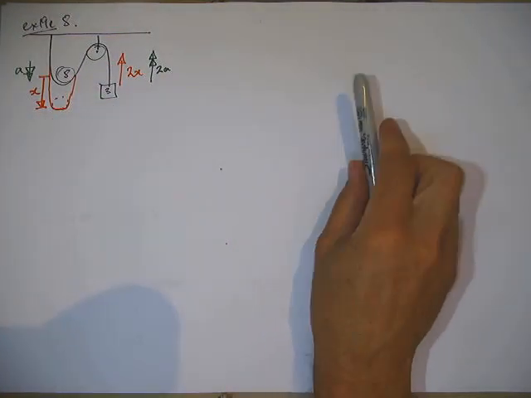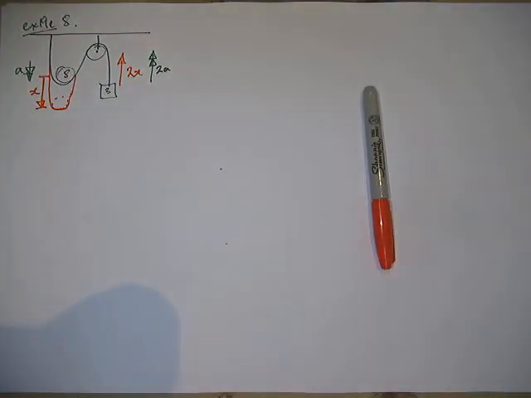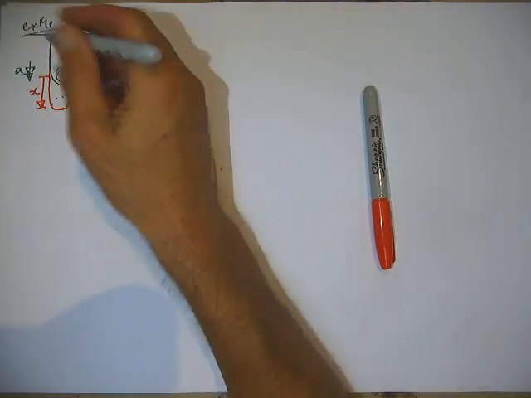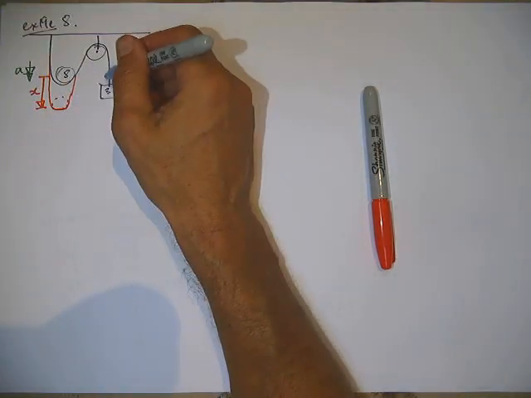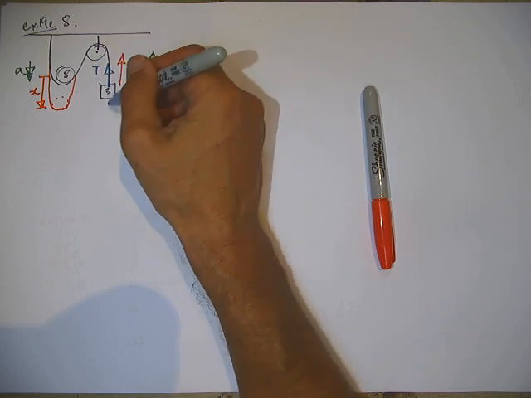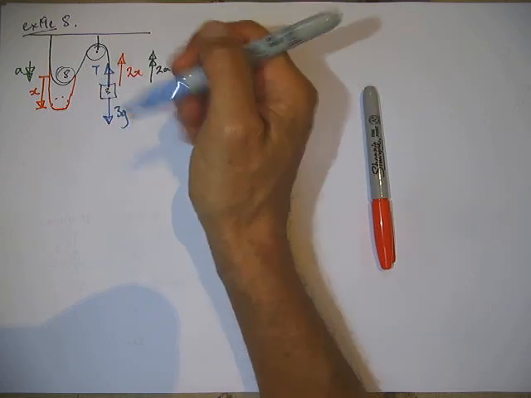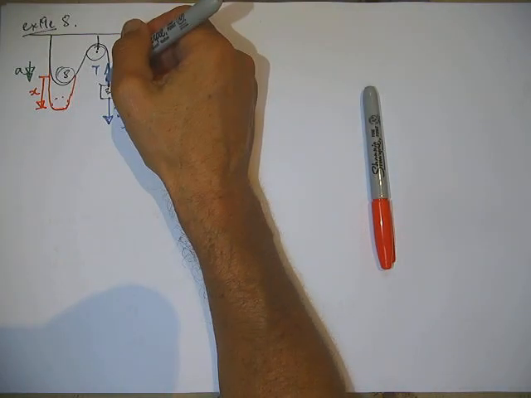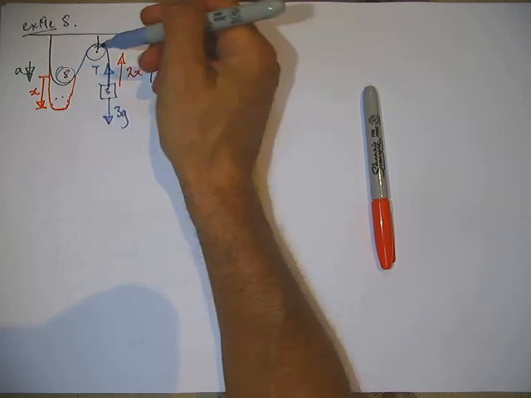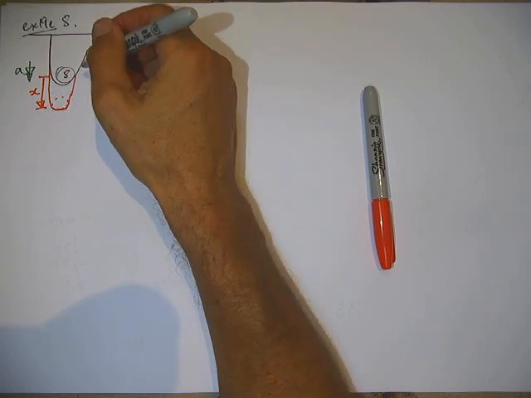Part C, now this is the best bit of the question. Find the tension in the tape in terms of g. The way we're going to do this is add forces to the diagram. So this weight here, there's a tension there, and the weight of that object. That tape goes up through the smooth pulley, around the smooth cylinder, so everywhere in the tape we get the same tension.